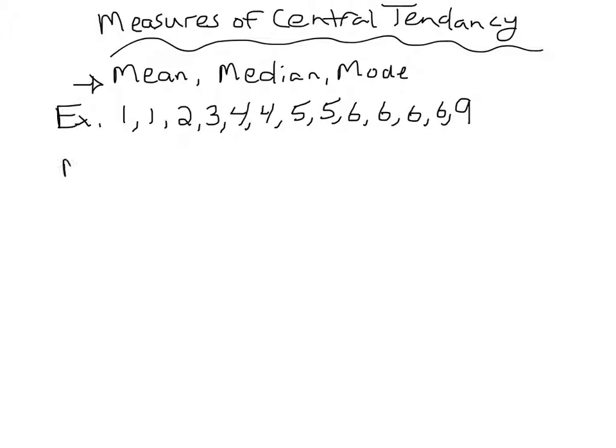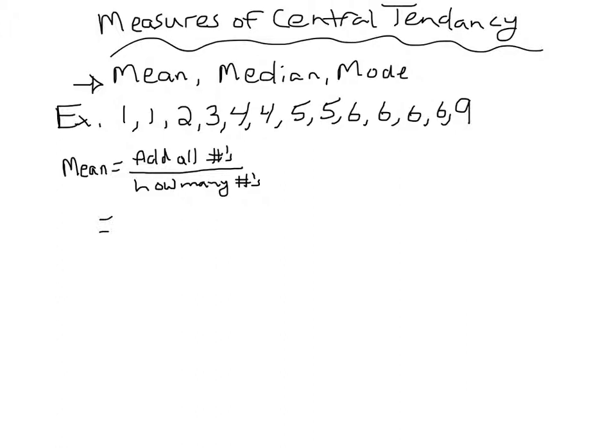So to calculate mean, this is calculating your average. You add all your numbers and then divide by how many numbers you have. It's something that you guys have done probably 100 times before.